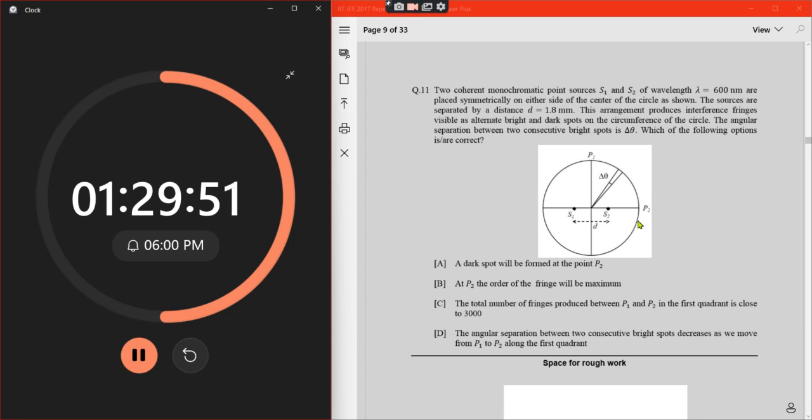And is that a multiple of this thing? Yes, it is exactly a multiple of that, which means it's some kind of n lambda thing, right? What will be the value of n? n is equal to 3 times 10 power 3, like 3000, so there will be 3000 fringes between P1 and P2. Yes, it's close to 3000, so C is correct.